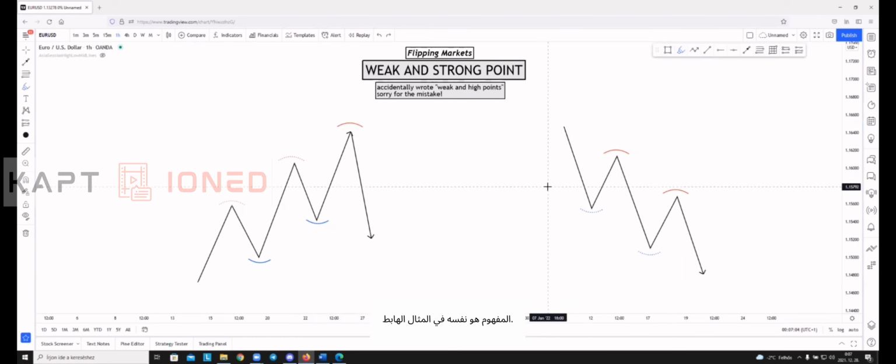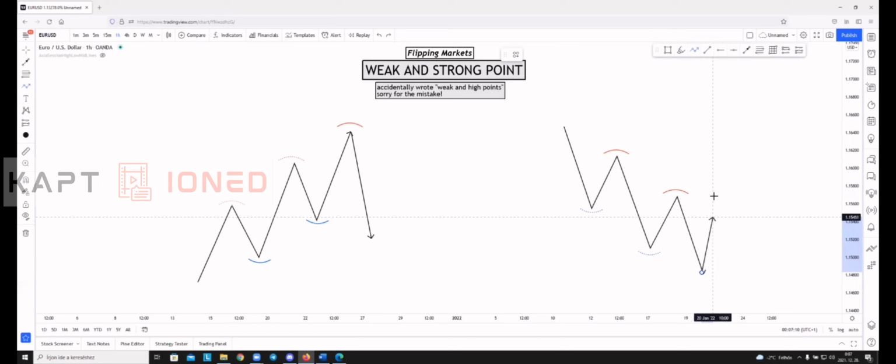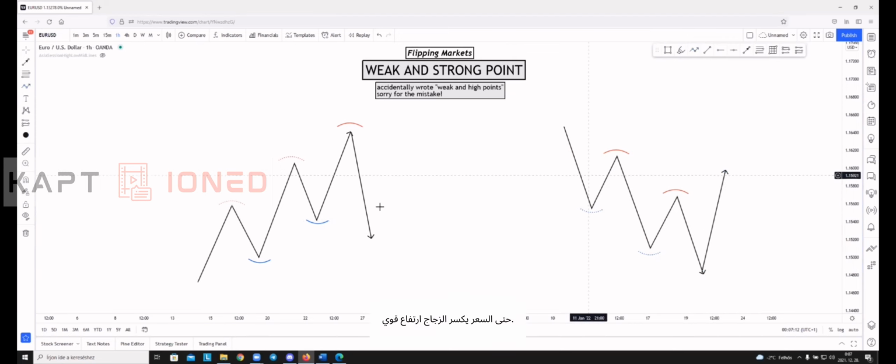The concept is the same on the bearish example. If price breaks through the last strong high, which is this one, it will automatically create a strong low. So just memorize this. If price breaks through a strong structural point, the opposite side strong structural point will be created.